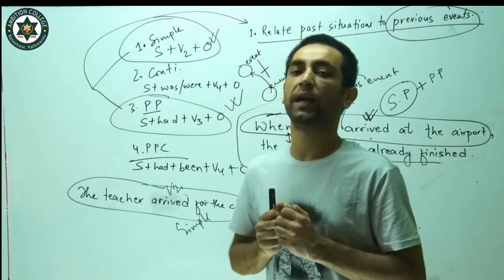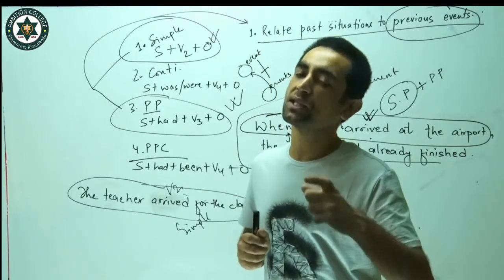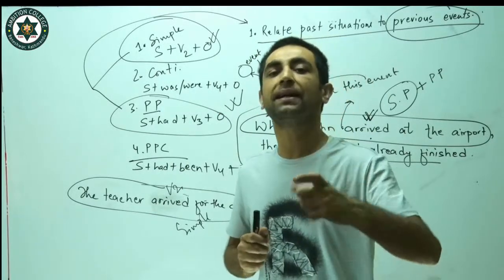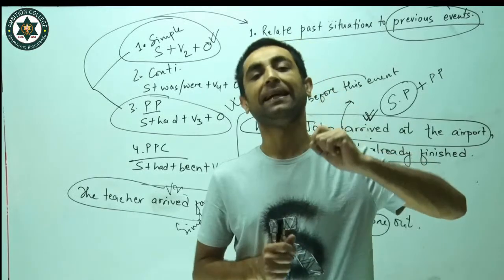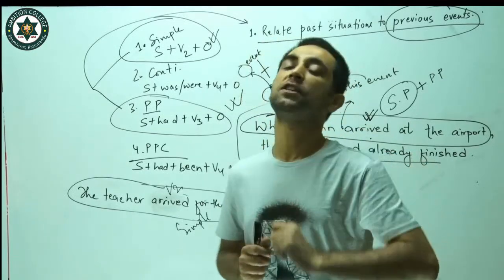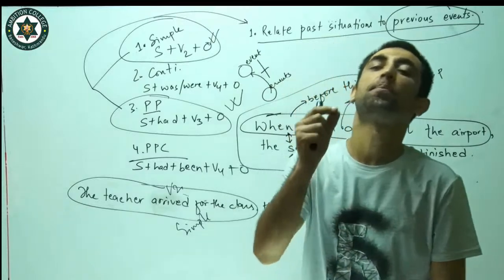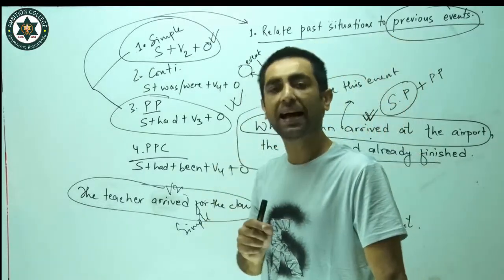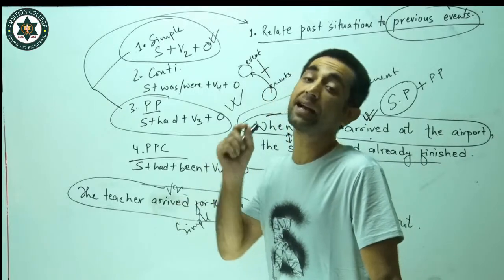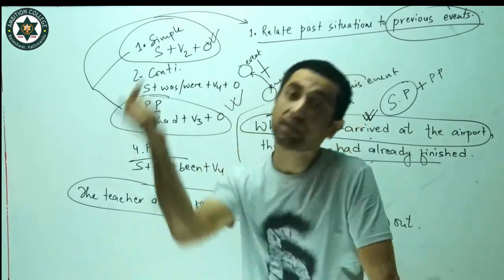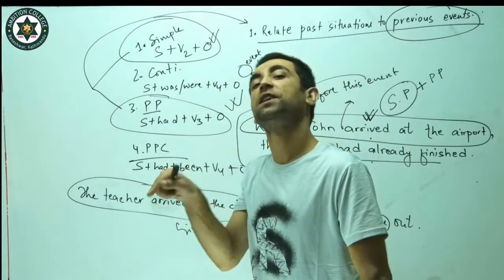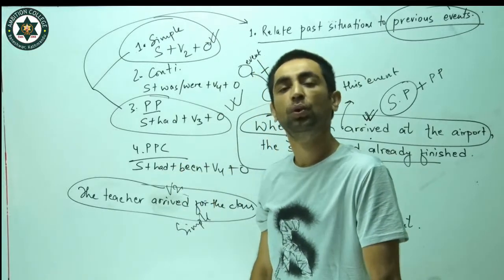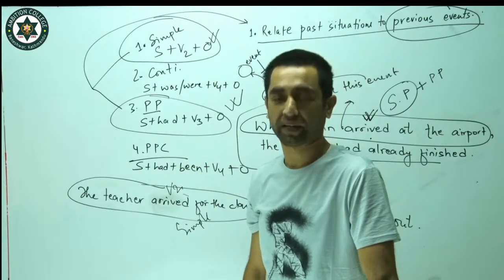First we mention the event that happened later, and that event is presented through simple past. After that, the event that happened before it is presented through the past perfect tense.